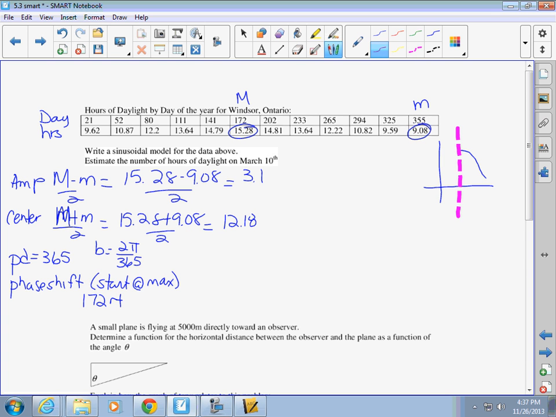Then I know that I have a cos graph happening here, because I'm not starting at 0 anywhere. It never hits 0 hours, so that's why I know I have to start at the maximum, which means with that phase shift I'm going to be doing a cos graph.